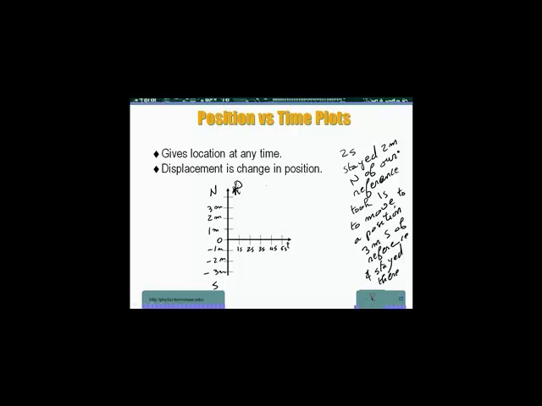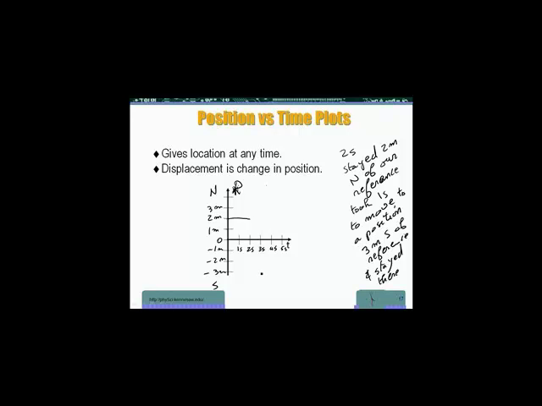Now, here they tell us that the person stood at the position of 2 meters north, so it's this position, for 2 seconds. So for 2 seconds, stayed at that position. And then it took 1 second to move where? 3 meters south of the reference.